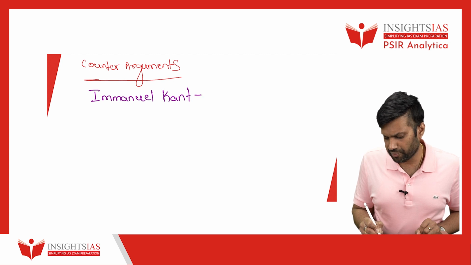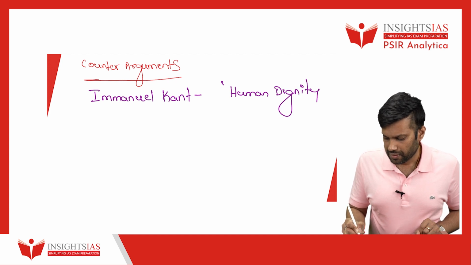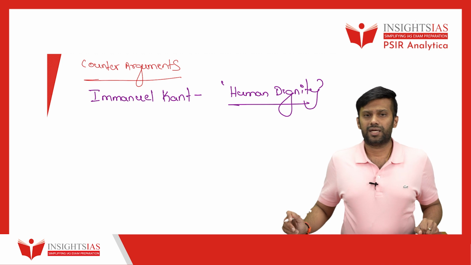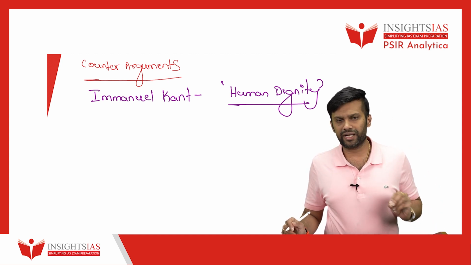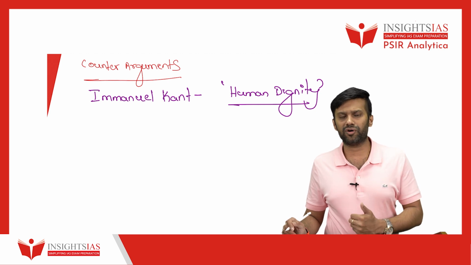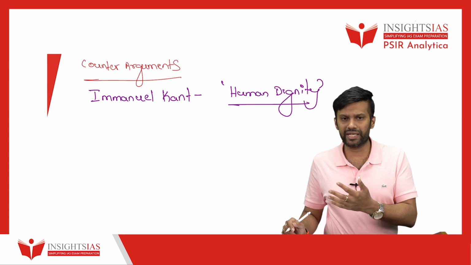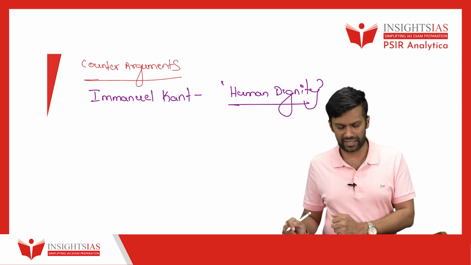Immanuel Kant spoke about human dignity. So we can say that slavery cannot be justified because it is useful, because it is violating the basic concept of human dignity. Every person needs to have a certain sense of dignity. Everybody is born equal in that regard.